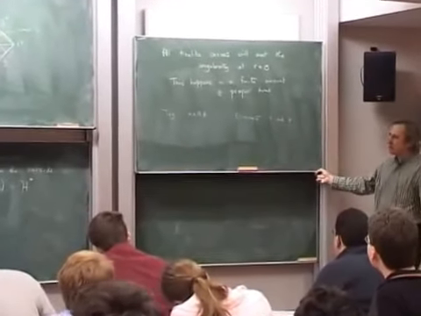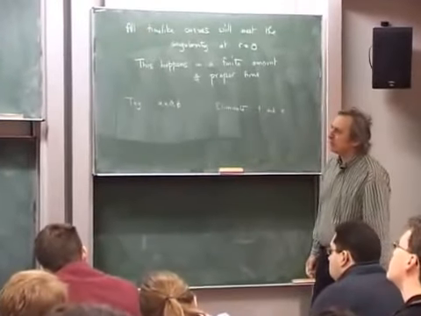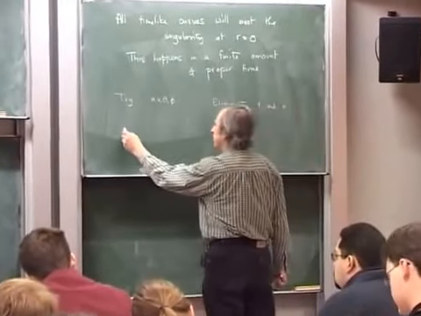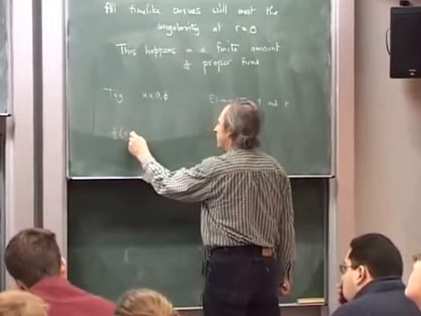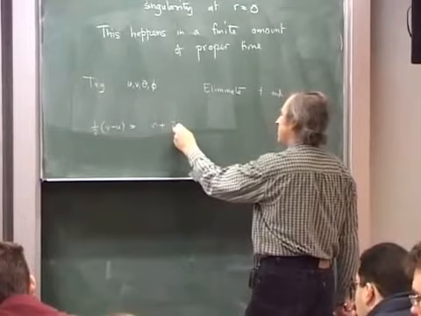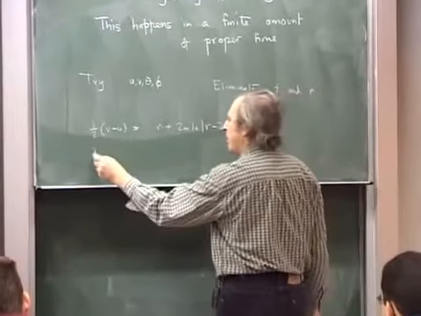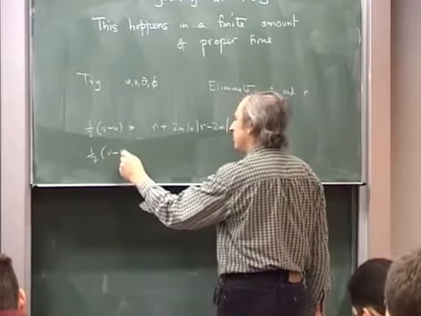Now, a moment's thought will reveal that that is going to cause a certain amount of difficulty, because if I look at the difference between v and u, half of v minus u is equal to r plus 2m times logarithm of the modulus of r minus 2m. A half of v plus u is t.